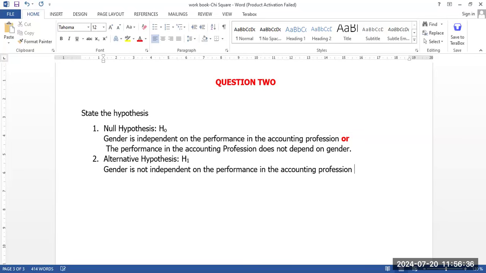Or another student can say the performance in the accounting profession depends on gender, which is not ideal.